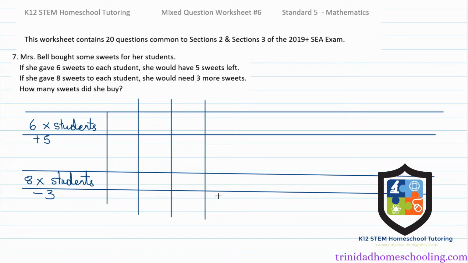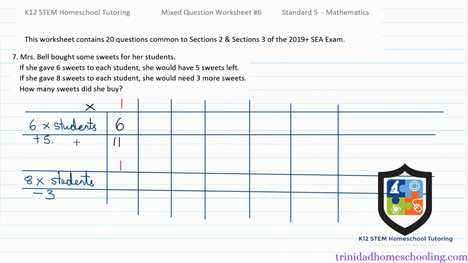So I'm just going to draw up a quick table, just for illustration purposes. Now, if there was 1 student in the class, let's see how many sweets in all we would have. 1 multiplied by 6 gives me 6 sweets, but she had 5 remaining, so 6 plus 5 gives me 11.